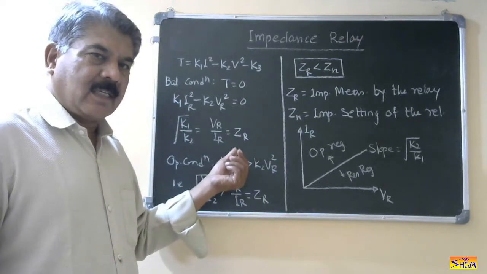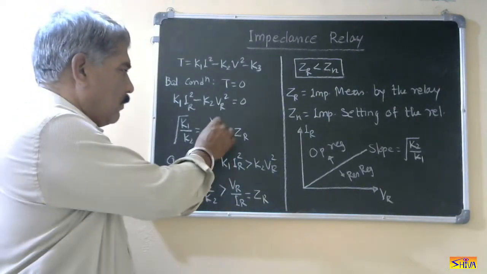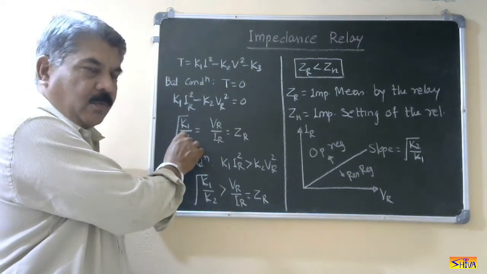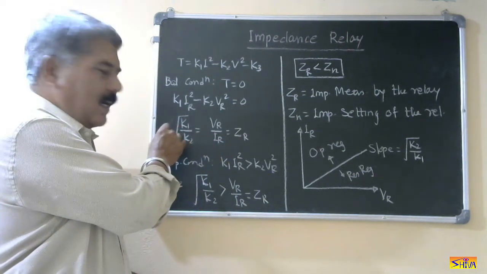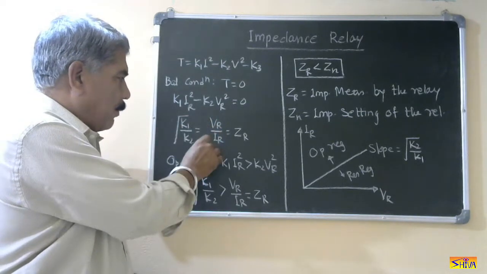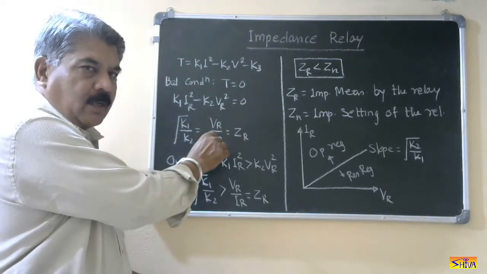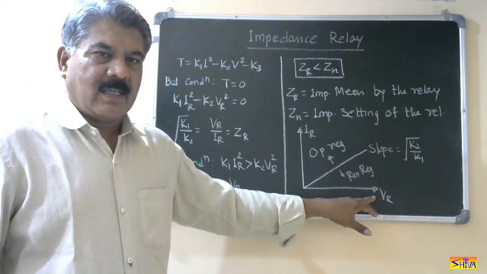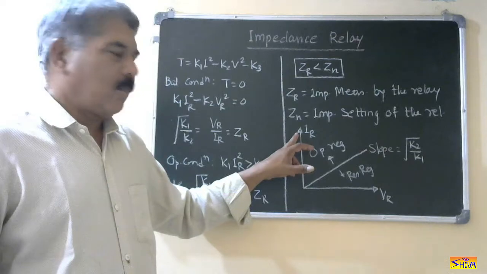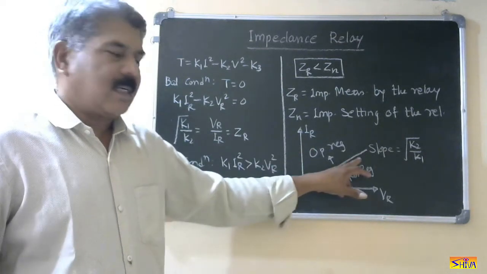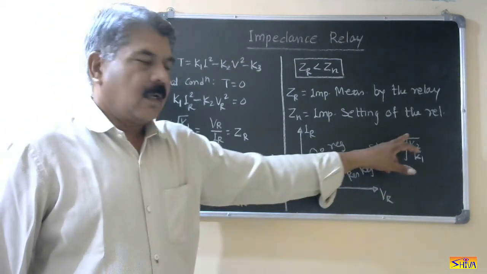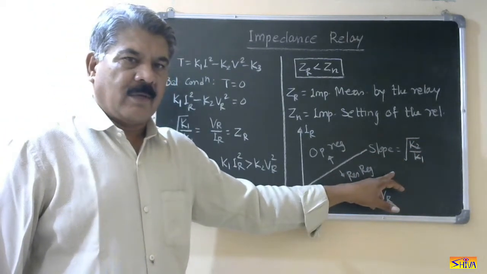Now let us consider this balance condition. VR upon IR is square root of K1 upon K2. Now we can take IR is equal to VR upon square root of K2 upon K1. And if we take voltage along x-axis and current along y-axis, then we get a straight line characteristic from this equation, whose slope will be square root of K2 upon K1.